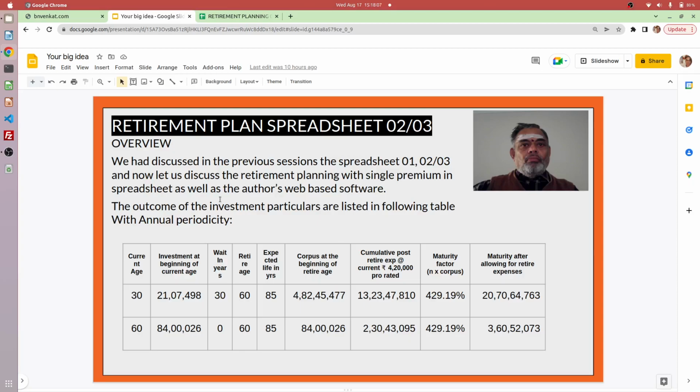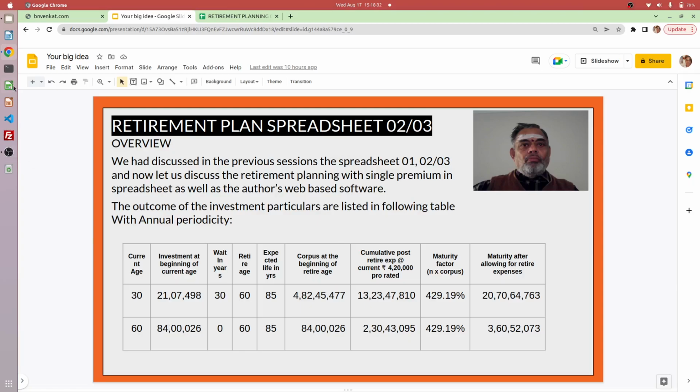In case of a 60 year person, that is, the person who wants to take the retirement plan immediately, the waiting period is 0, and taking the policy for about 25 years, say 60 to 85 years, the person would require 84 lakhs.